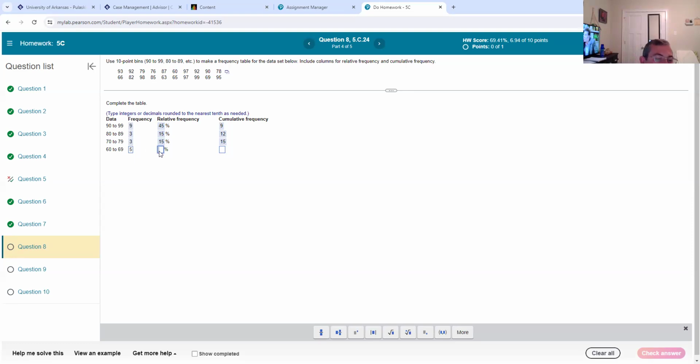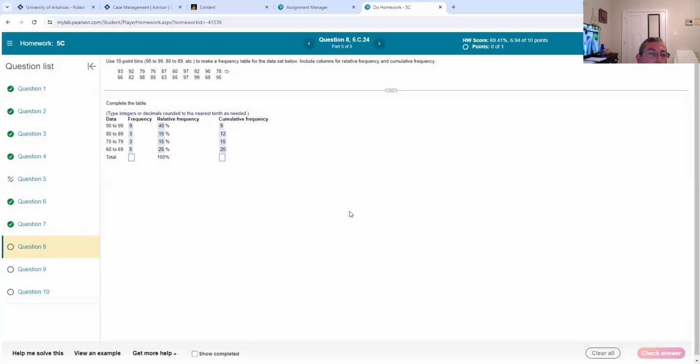All right, the relative frequency for 5 is 25. So that means a fourth of them were in that range. And then my final cumulative frequency. All right, Griffin, 20 on that one.